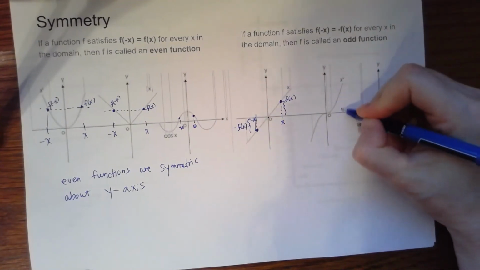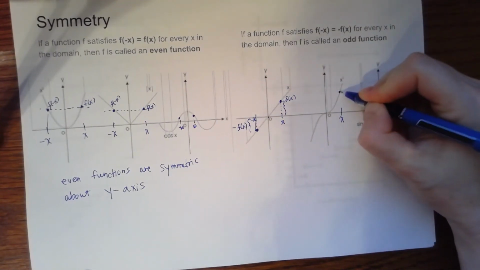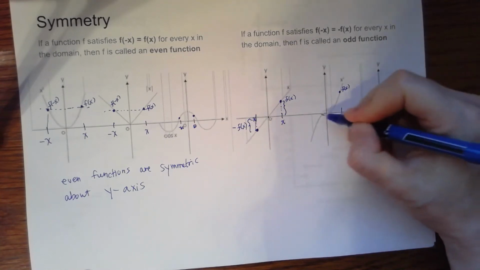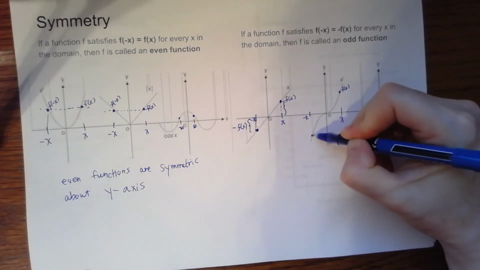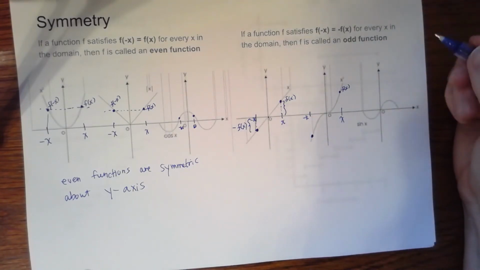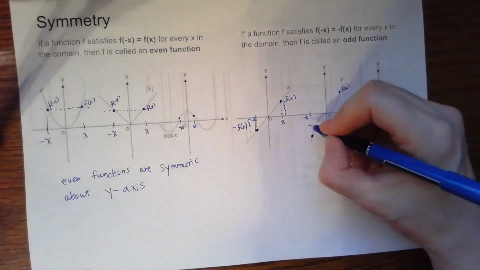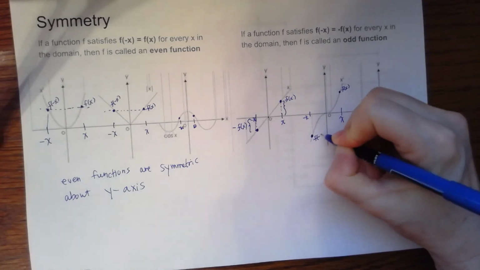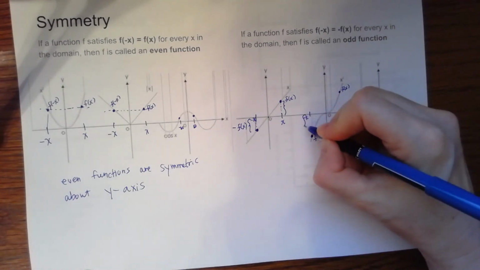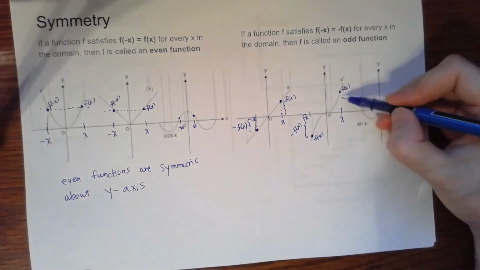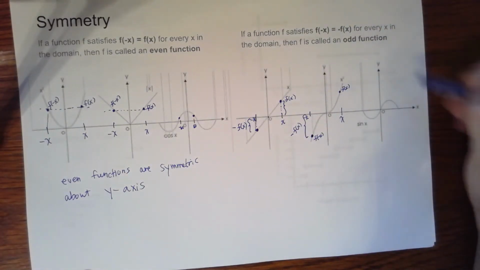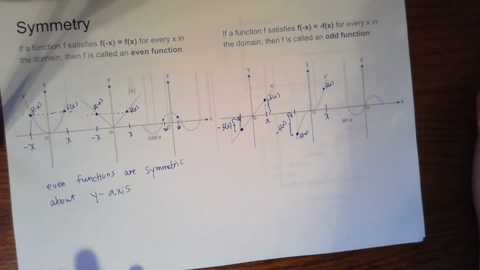True here again. If I go out to x, there's f of x. And if I go out to negative x, f of negative x, if I look at that, it's going to be negative f of x. It's exactly that same distance. And then our sine function is a classic example.